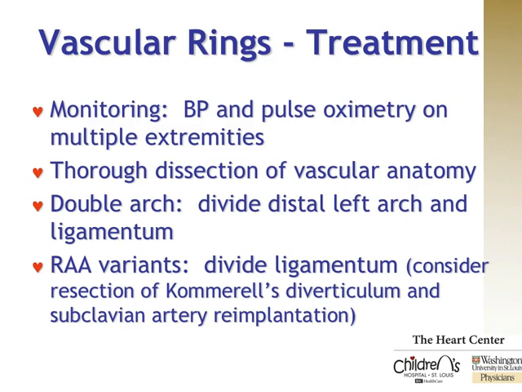And folks have shown that by going back later, resecting the Kommerell's, reimplanting the subclavian, you can get relief of those persistent symptoms. In my mind, it's simpler to just go ahead and take care of it all at the first operation, really maximally unburden the mediastinum by getting structures off the esophagus and trachea as much as possible with that first operation when the dissection is simpler.